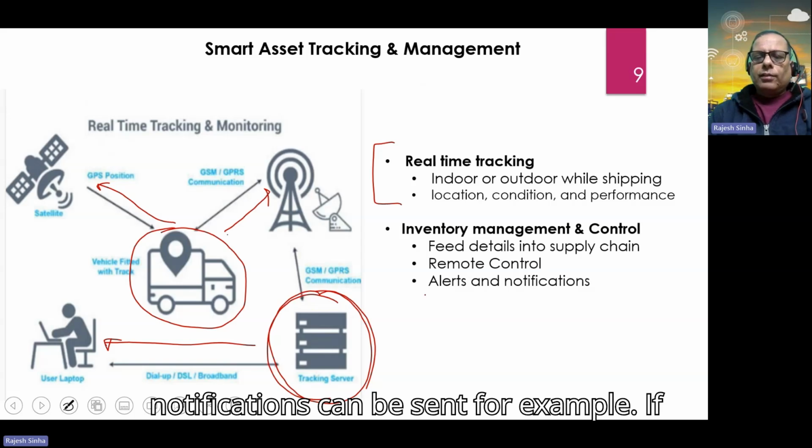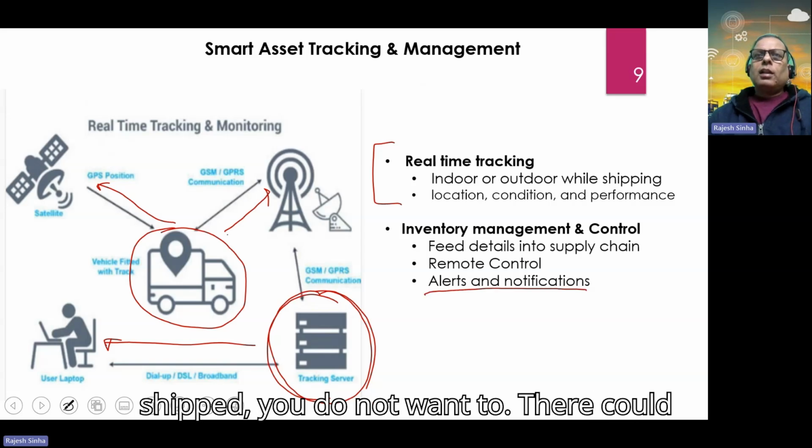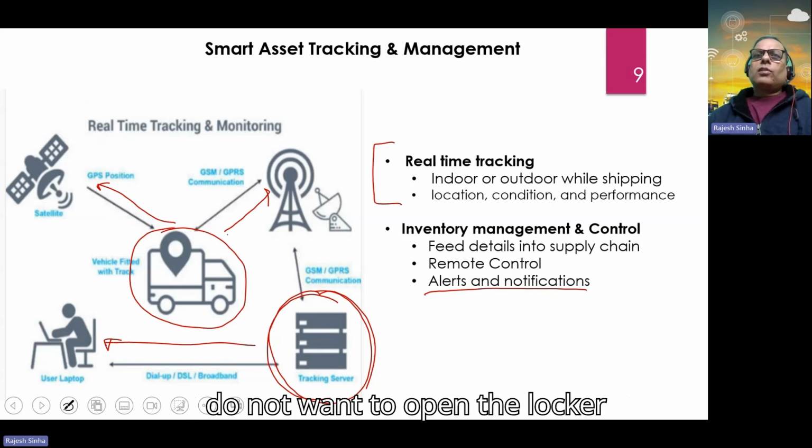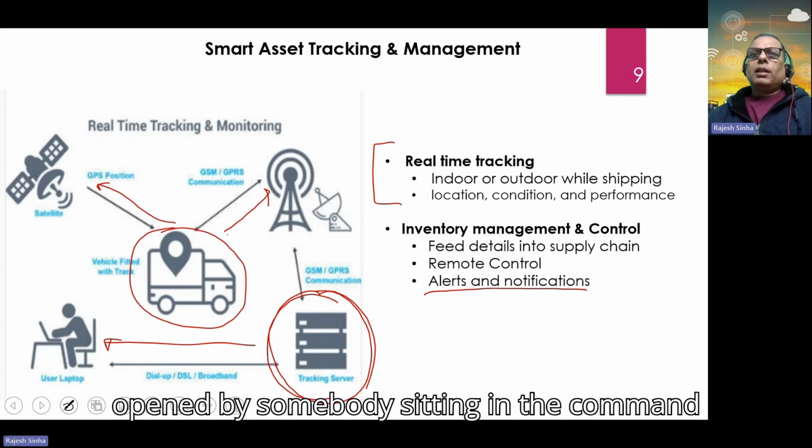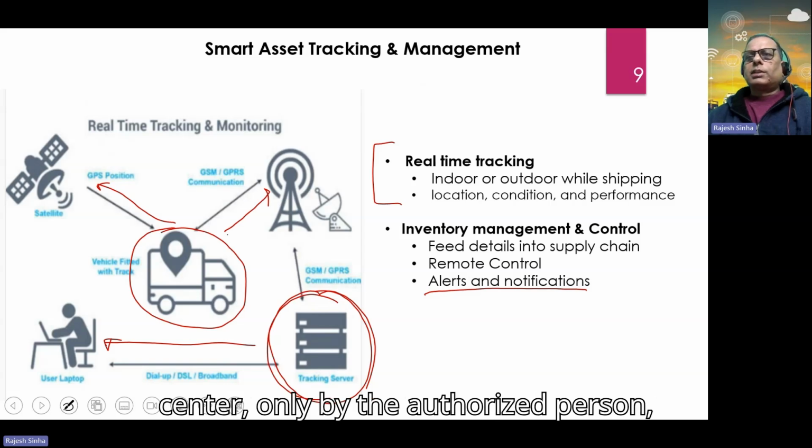For example, if you have jewelry which is getting shipped, there could be lockers in the trucks, and you do not want the locker to be opened by some local person. It can only be opened by somebody sitting in the command center, only by the authorized person. Right?